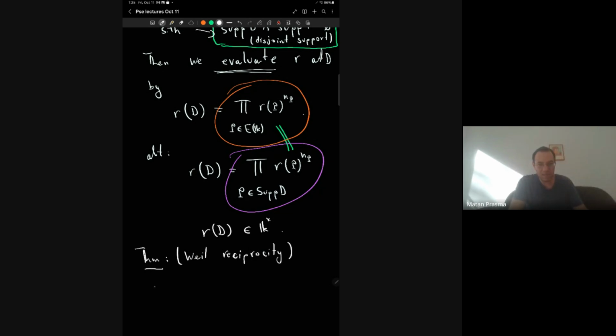This says: let E over K be an elliptic curve with K algebraically closed.